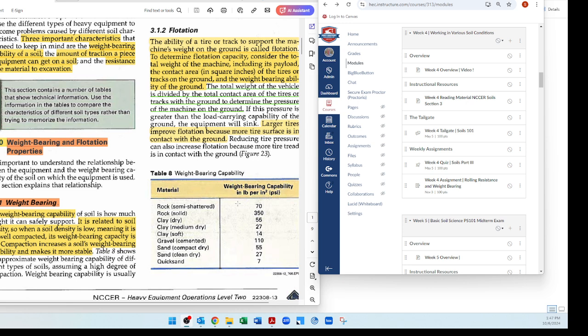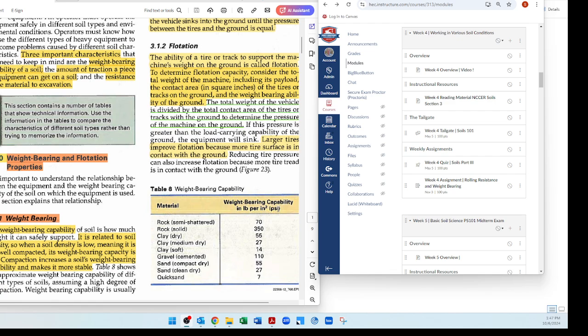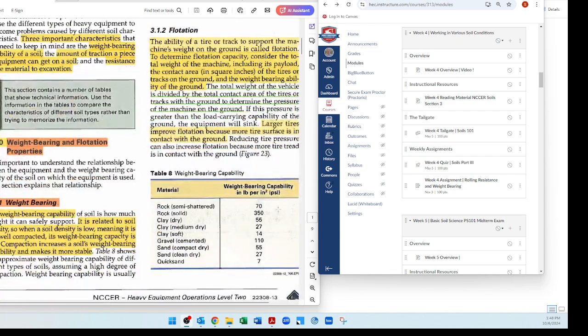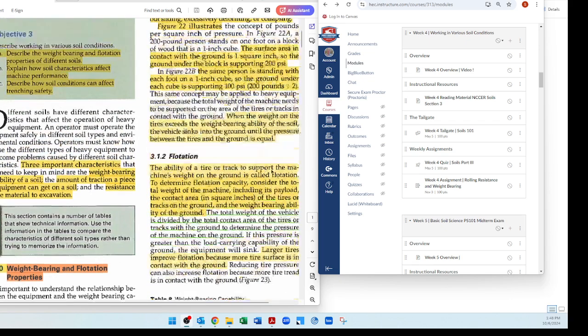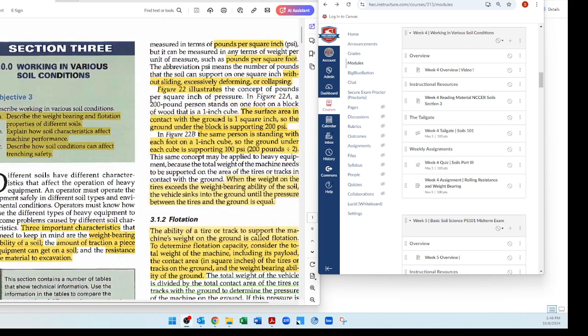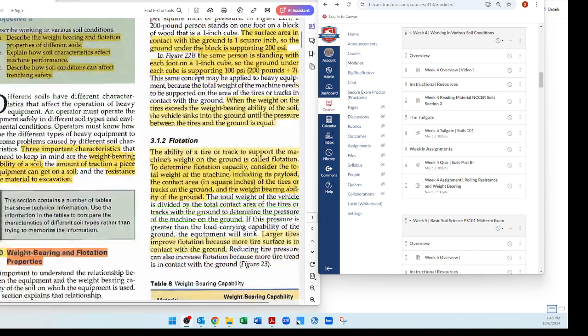So that's just going over some samples of different kinds of soil and their weight bearing capability in pounds per square inch, often referred to as PSI. Let me read this.